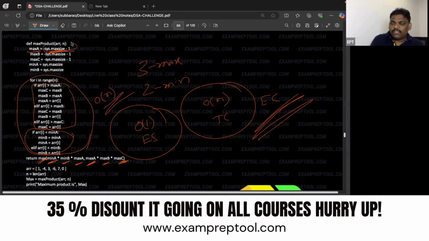This is going to be a very small minimum value possible in Python. Initially, max A, max B and max C are all assumed to have very small values.